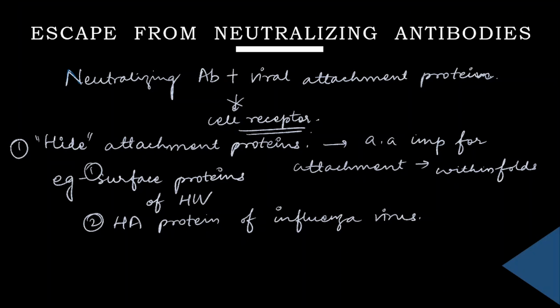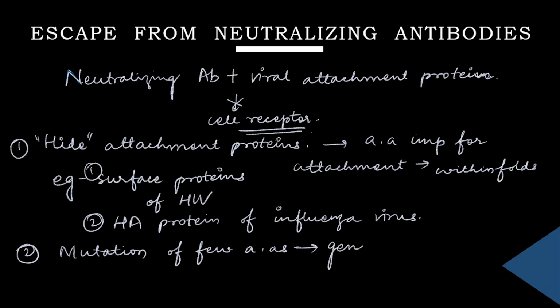Also, the second mechanism they use to escape the neutralizing antibody is, in HIV, they escape by mutation of a few amino acids. And when there is a mutation, that means they will be producing genetic variants.